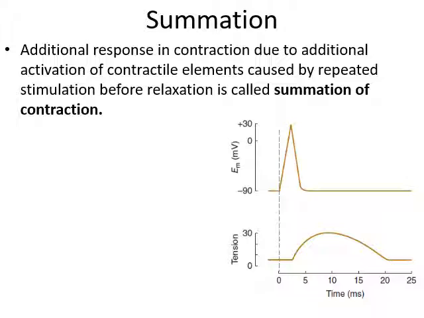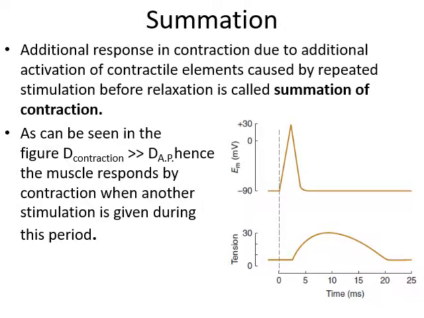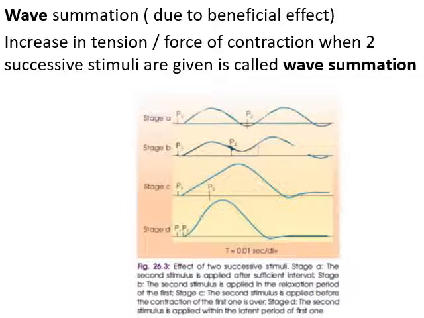So how does it respond? What is the response? Basically, there is an increase in the tension. The first and foremost response which we see when we give two successive stimuli is wave summation, which by definition is an increase in tension or force of contraction when two successive stimuli are given.